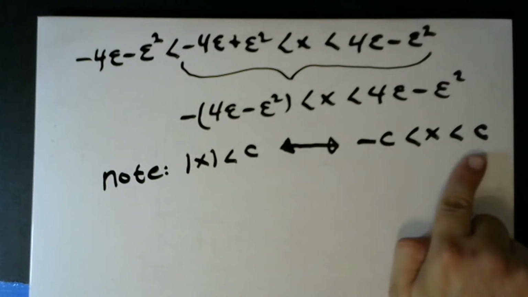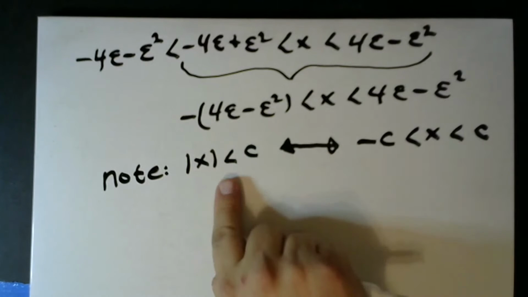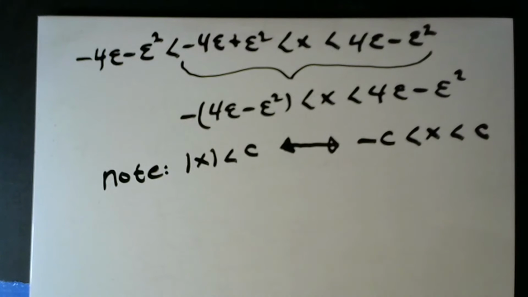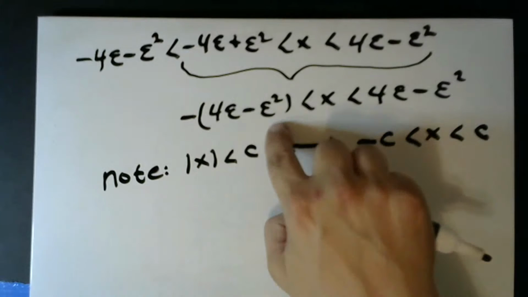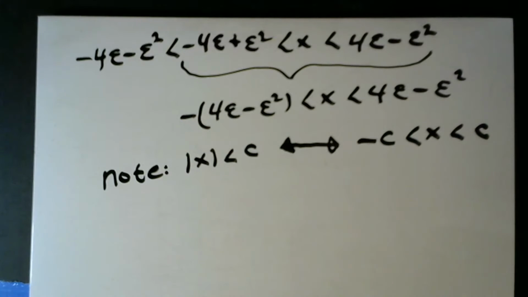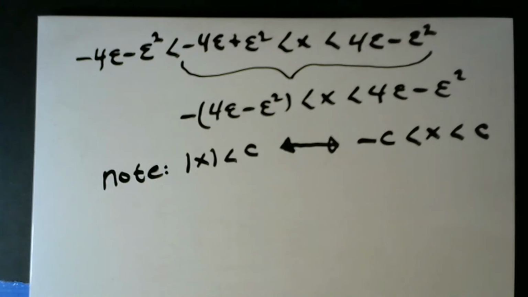Likewise, if we have this, we can rewrite this as that. Well, in this case, this is our c, this is minus c. So a little trick here is kind of looking ahead to create this kind of a situation.